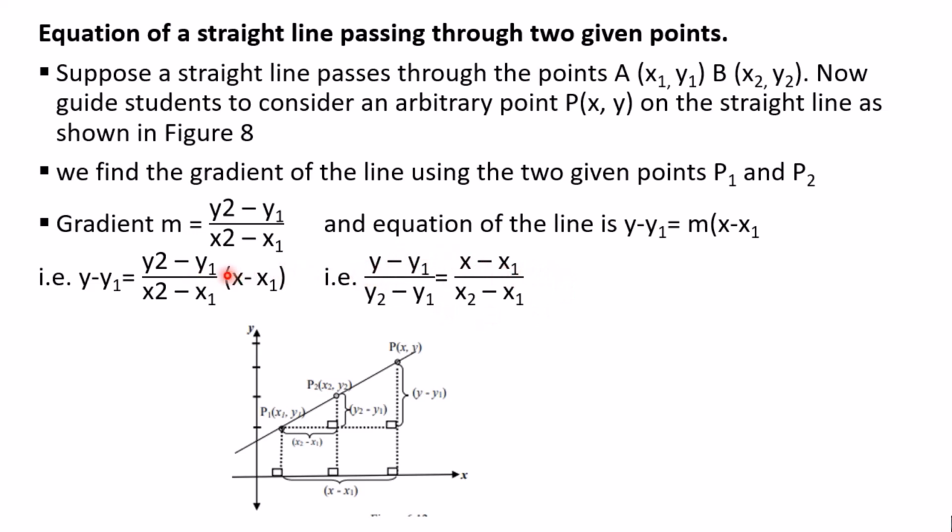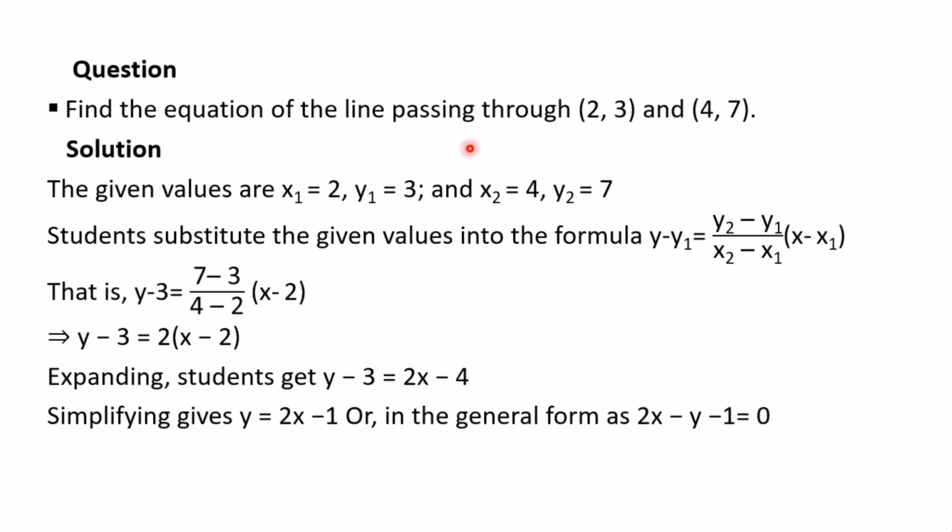When we divide both sides by y2 minus y1, this is what we get. So this is the formula we can use when we have two given points to find the equation of a straight line.